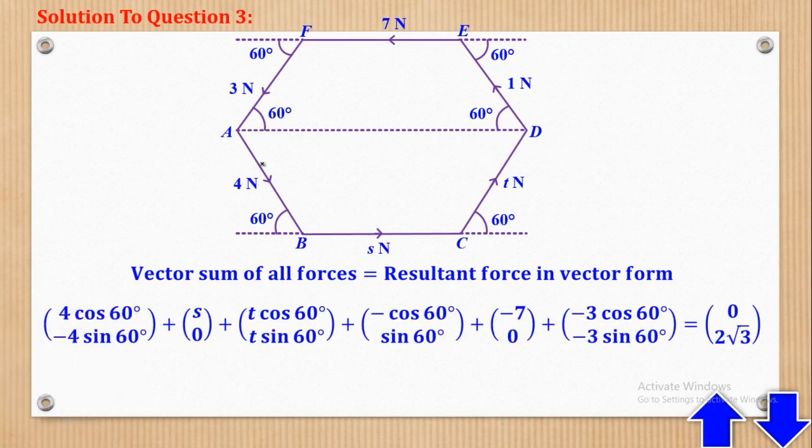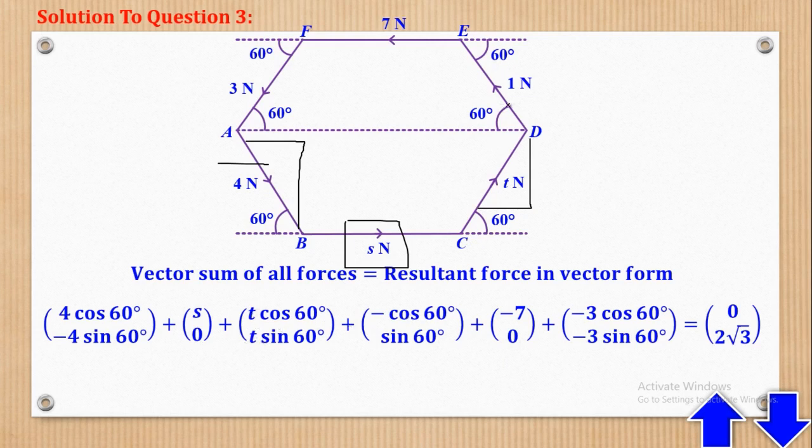so for the 4 Newton force, horizontally it is to the right, which is positive, and vertically is downwards, which is negative. So that's why there is positive here and negative here. For the S is entirely horizontal, that is why it is S, 0. Then T, horizontally it is to the right and vertically it is upwards, so both will be positive.